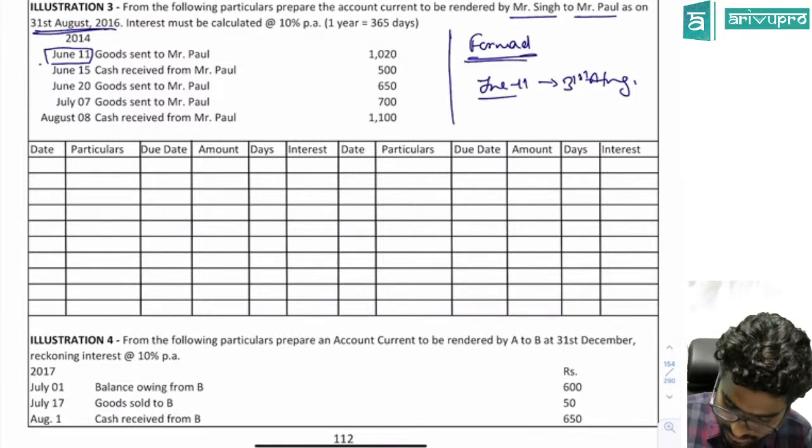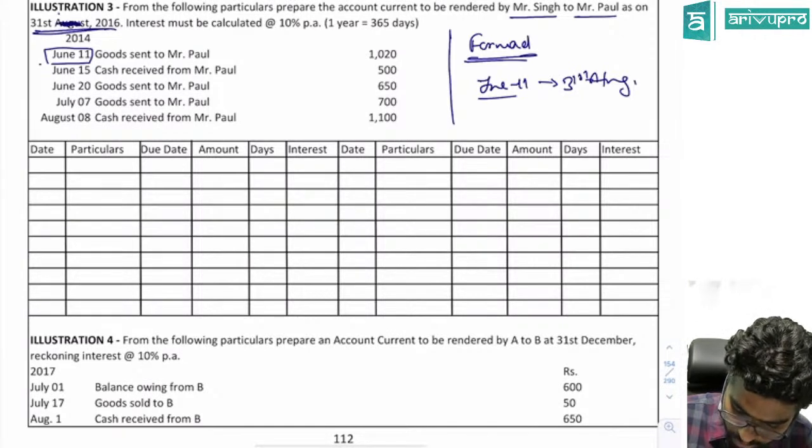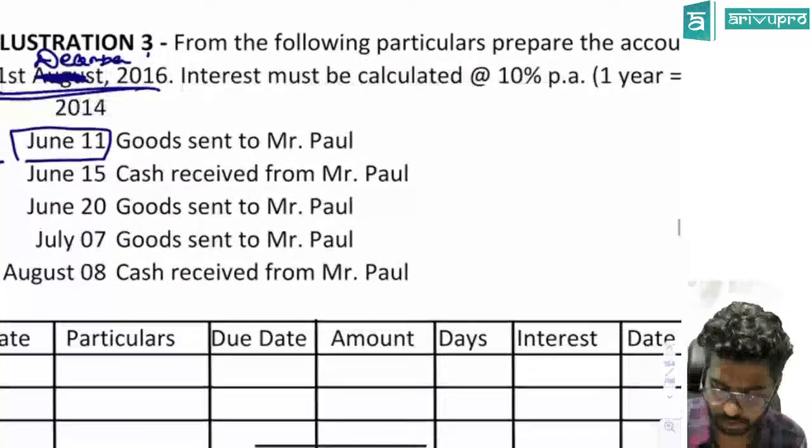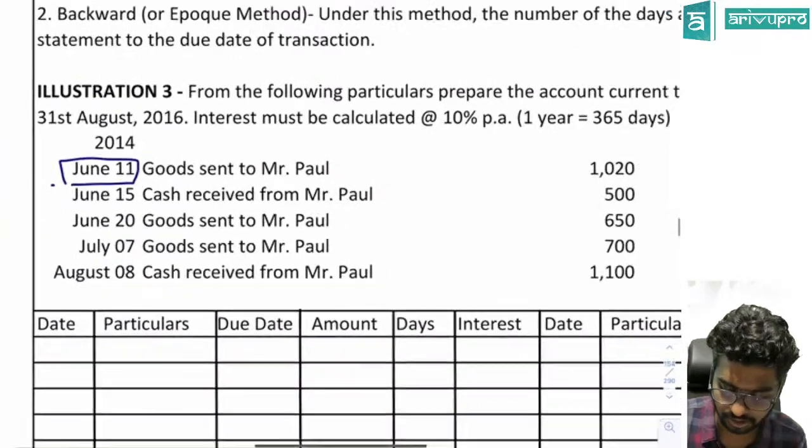Sorry guys, it's not 31st August, it's actually 31st December. Guys, change it in the book, it is 31st December.